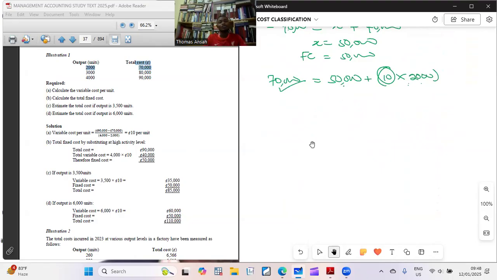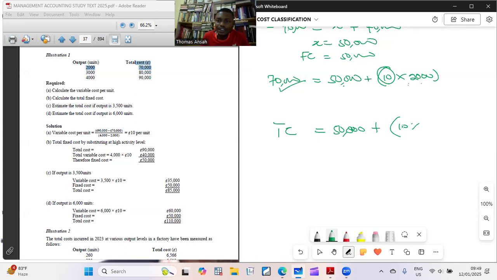Our fixed cost is always fixed, regardless of the level of activity. And we know variable cost is 10, and we are producing 3,500. It's as simple as that. So you clearly see that 50,000 plus 35,000 is 85,000.